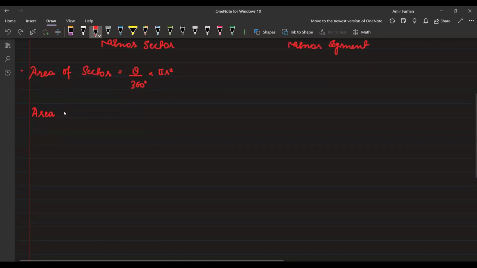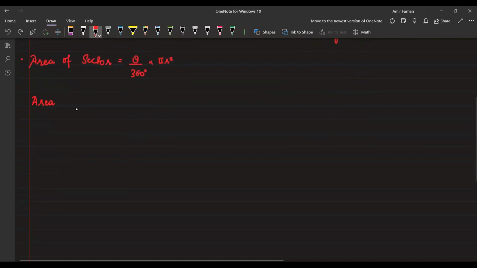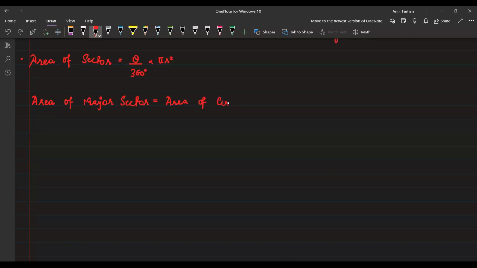Because if you remove the small piece of pastry, the thing left would be the total circle minus this, so the major sector will be left. So the area of the major sector equals the area of the circle minus the area of the minor sector.